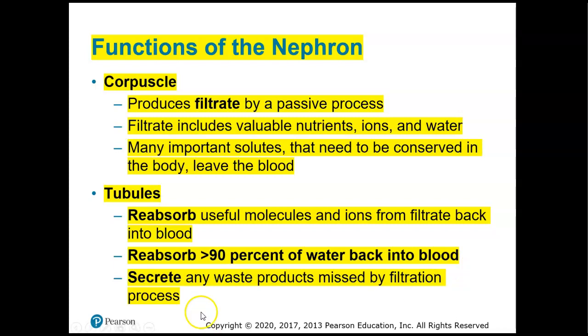And then another process that happens in the tubules is secretion of any waste products missed by filtration. They will be secreted from the blood back into the urine. So reabsorption is referring to stuff that's in the urine going back into the blood, and secretion is the opposite direction. It is stuff that's in the blood that needs to be excreted with the urine, and it was missed by the filtration process.